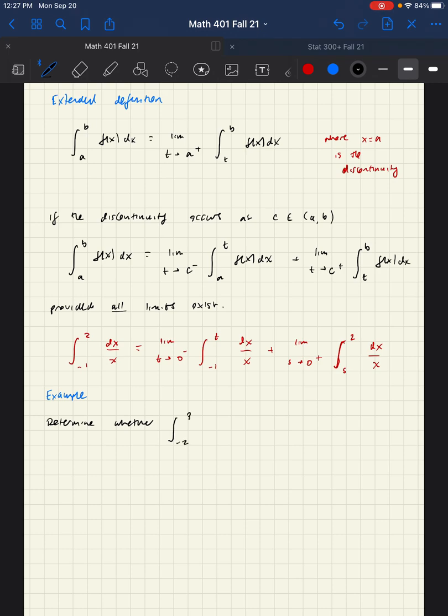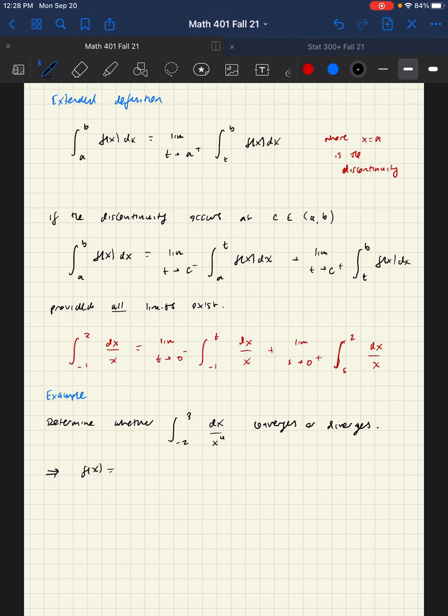So we're going to determine whether the integral from -2 to 3 of dx over x to the 4th converges or diverges. If it converges, we'll evaluate it.